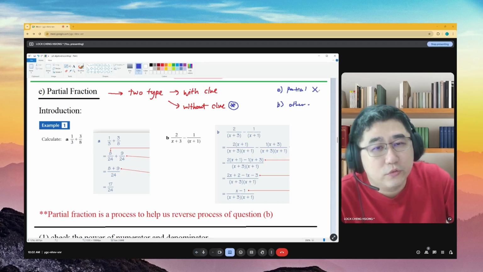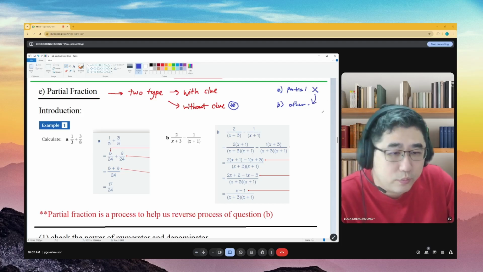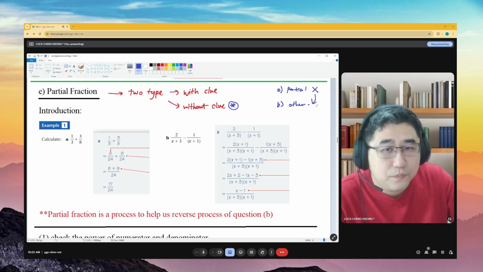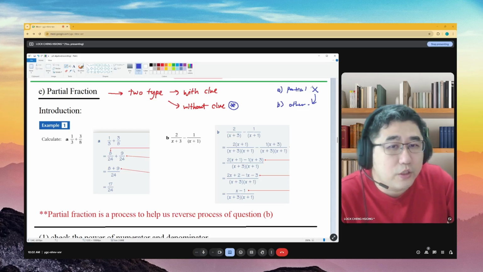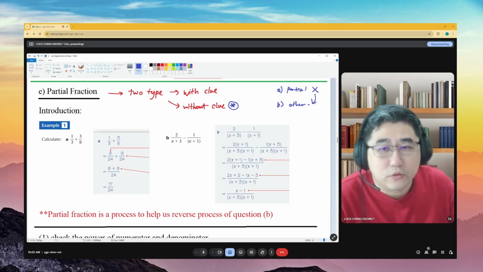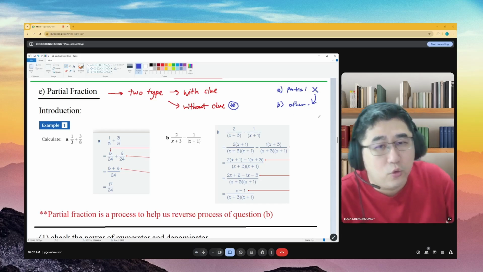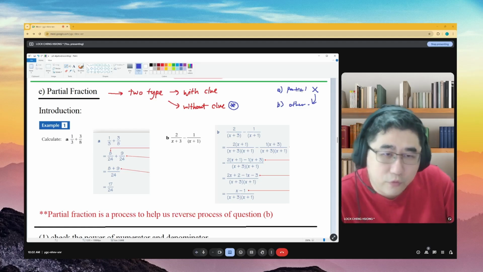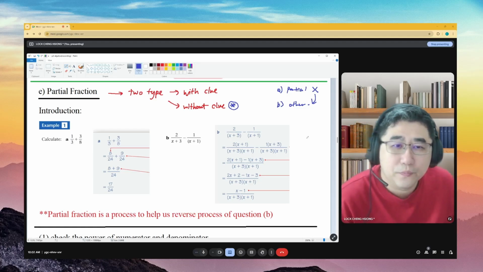If your partial fraction is wrong, then the other part will of course be affected. So you have to make sure your partial fraction is perfect in order to continue with the other parts of the question. If you always have problems with the partial fraction part, of course, it will jeopardize the rest of it.